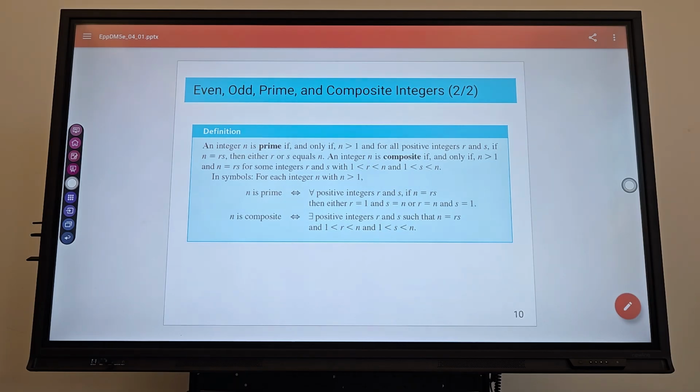An integer n is prime if and only if n is greater than 1, and for all positive integers r and s, if n equals r times s, then either r or s equals n. An integer n is composite if and only if n is greater than 1, and n equals rs for some integers r and s, where r is between n and 1, and s is between 1 and n.